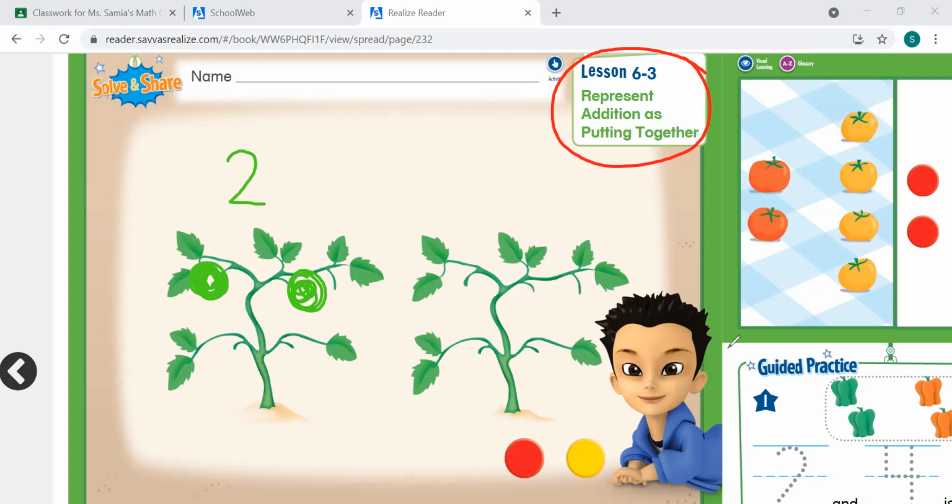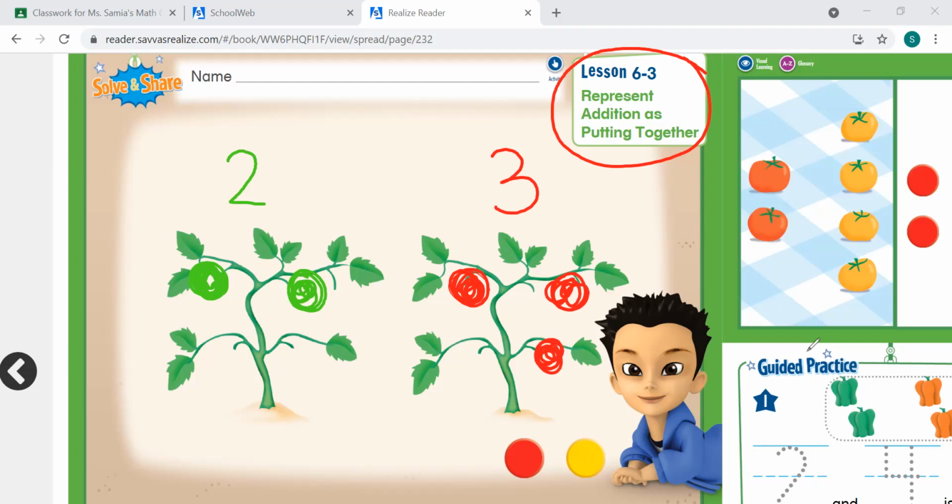And then he sees three red tomatoes on another plant. So I will put three red tomatoes here. 1, 2, 3. 3 red tomatoes.